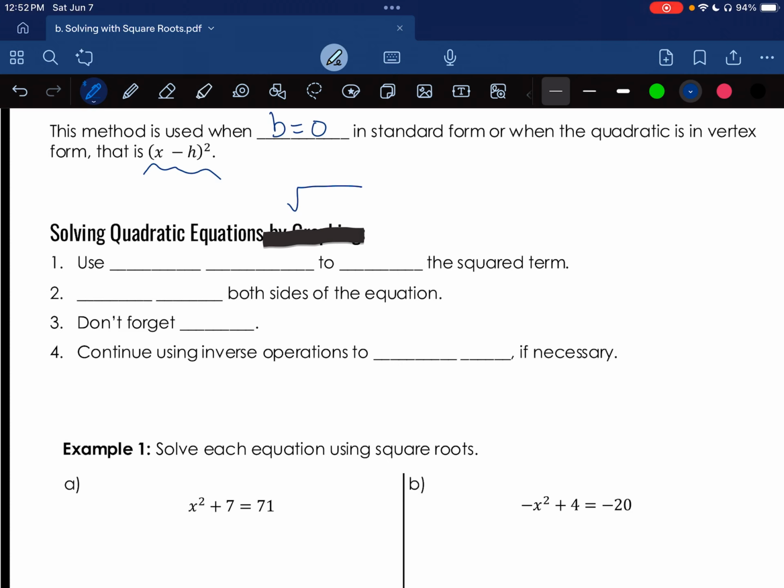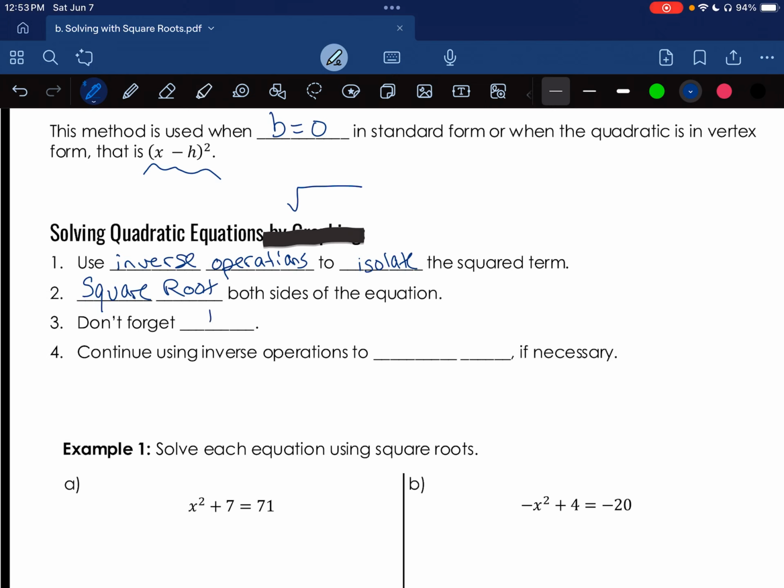So we are going to use our good friends inverse operations to isolate that squared term. Then we're going to square root both sides of the equation to cancel out that squaring.